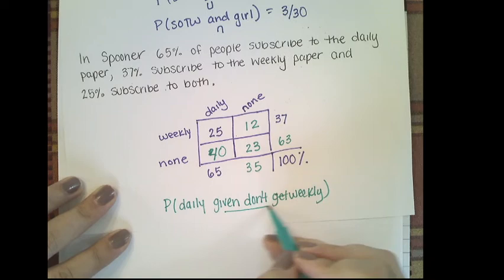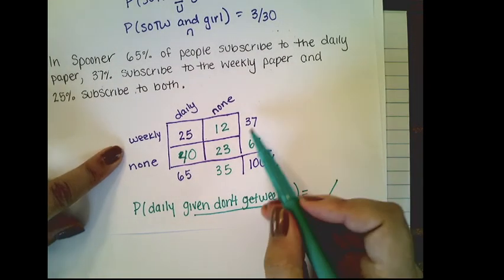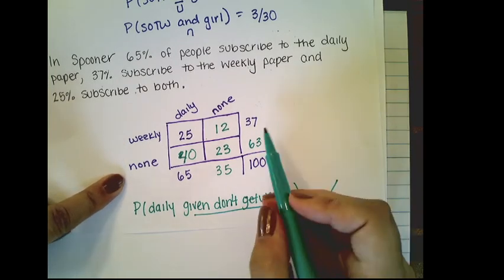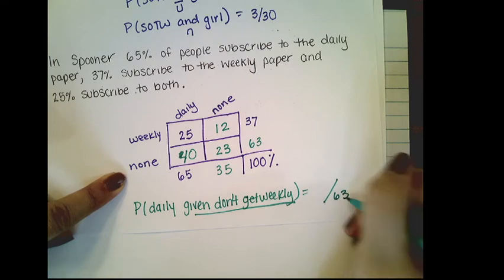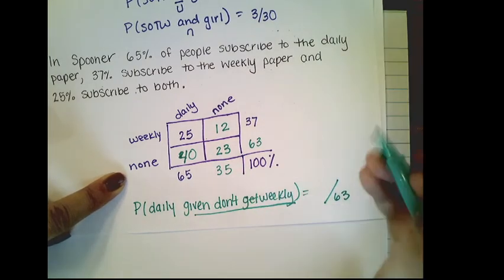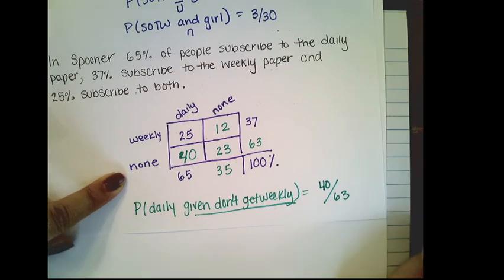Because this is a given, our total is out of just the non-weekly readers, which is 63%. And out of those 63, 40% of them get a daily paper.